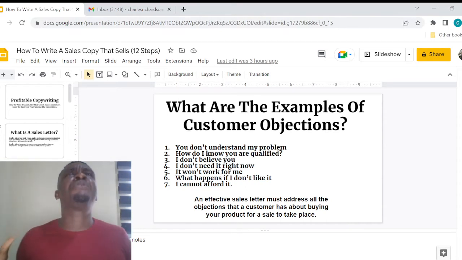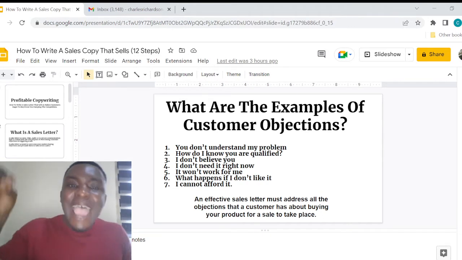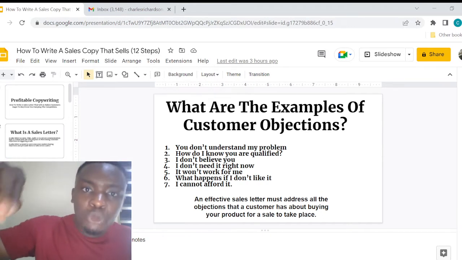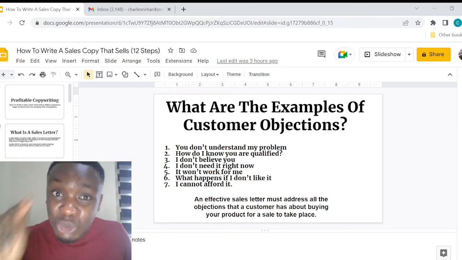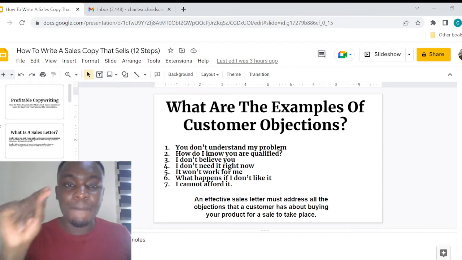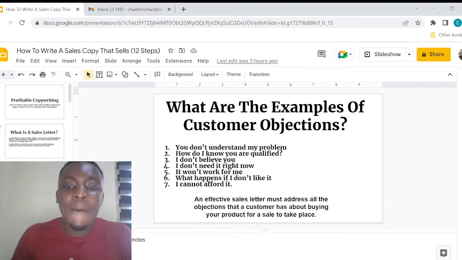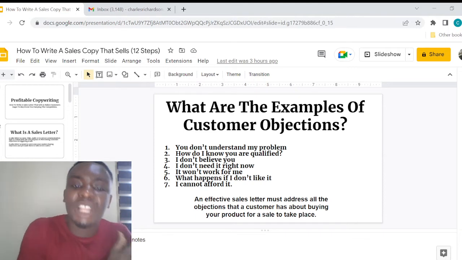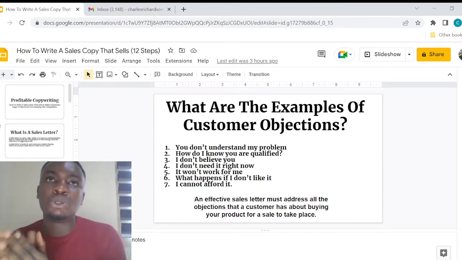Now, I always view a sales letter as a pot of soup. Every ingredient in a pot of soup has to be added at the right proportions for that soup to taste nice. An effective sales letter must address all these objections that a customer has about buying your product for a sale to take place.